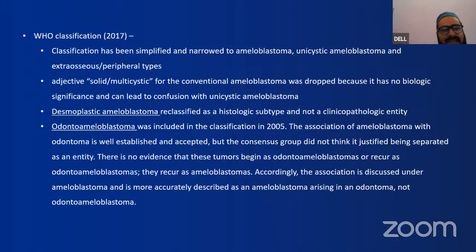In the changes in the WHO 2017 classification, it has been simplified and narrowed into ameloblastoma, unicystic ameloblastoma, and extraosseous or peripheral types. The adjective solid or multicystic has been omitted from the conventional ameloblastoma to avoid confusion with the unicystic type.